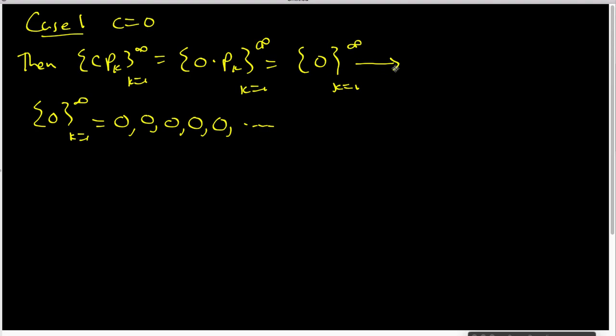And constant sequences are known to converge to the constant that the sequence is. And of course that 0 is c times x because c itself is equal to 0. So case 1 is done.